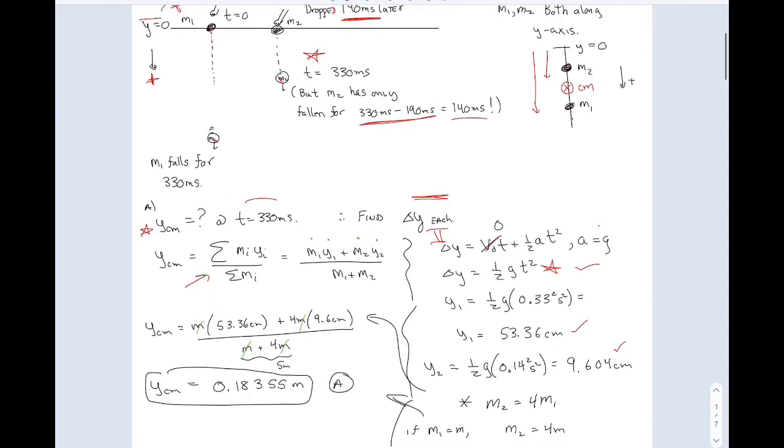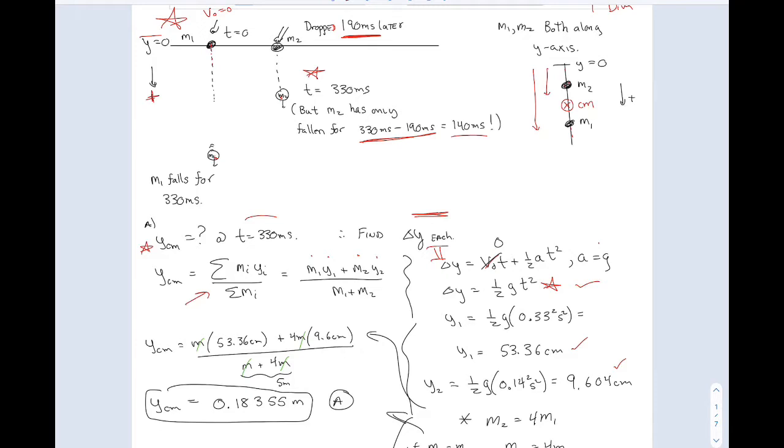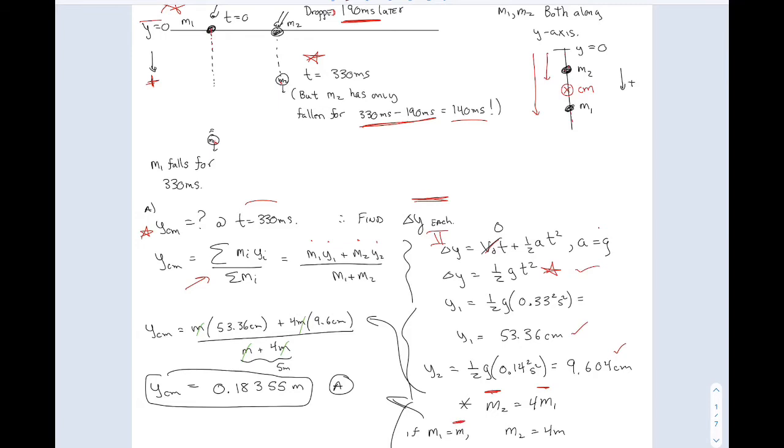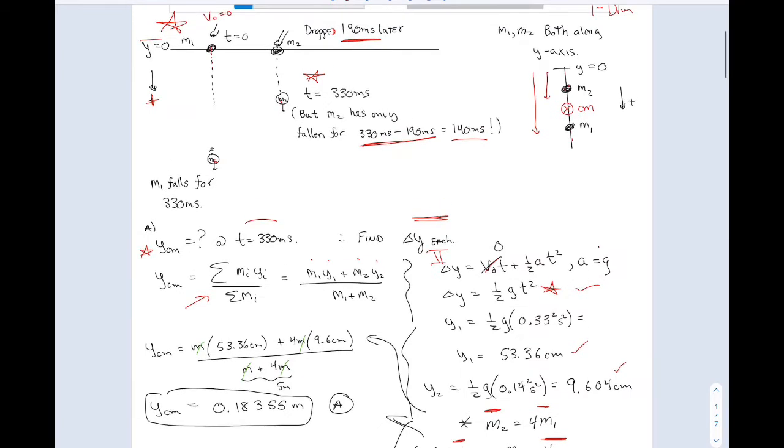Then they told me that mass 2 is 4 times mass 1. So if I call mass 1 m, I'm going to call mass 2 4m. That makes the algebra much nicer. Here I have m1, which is m, times its y coordinate, and mass 2, which is 4m, times its y coordinate.